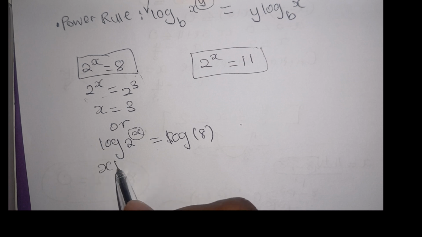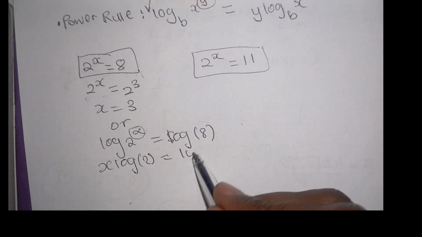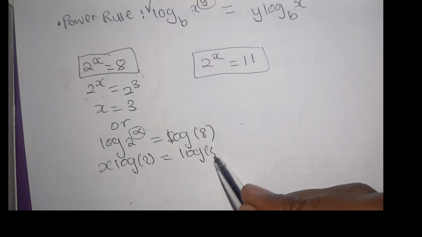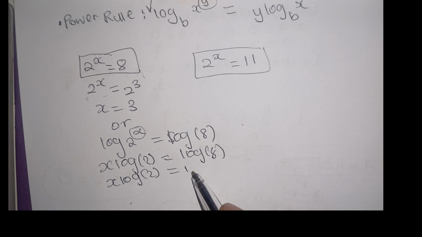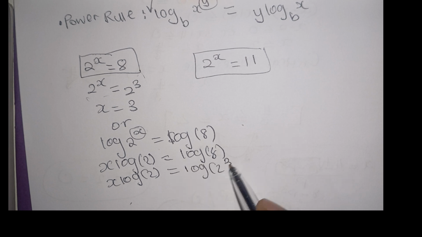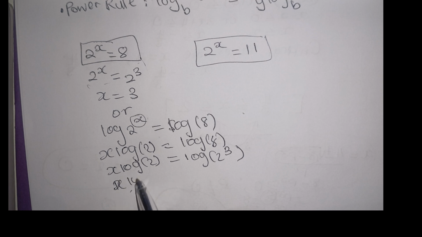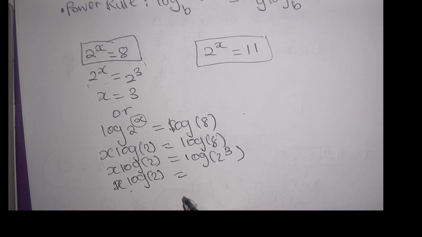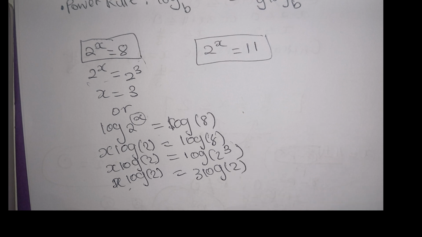So it will be x log 2 is equal to log 8, right? And then you can say x log 2 is equal to log 2 to the power 3, because it's 8. Then you say x log 2 is equal to 3 up front, log 2, right?